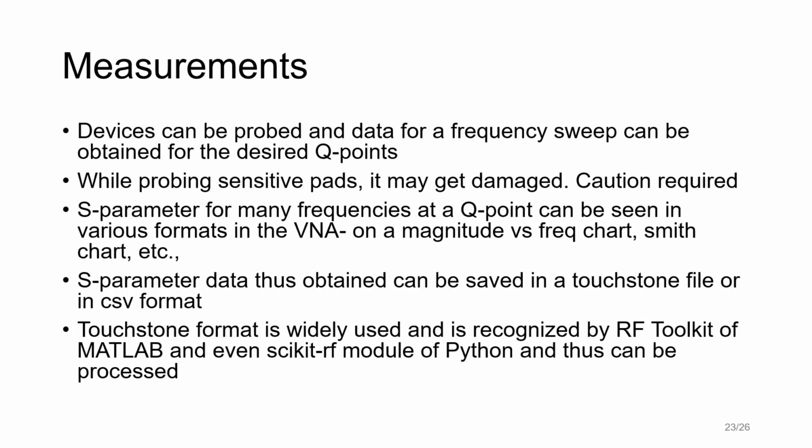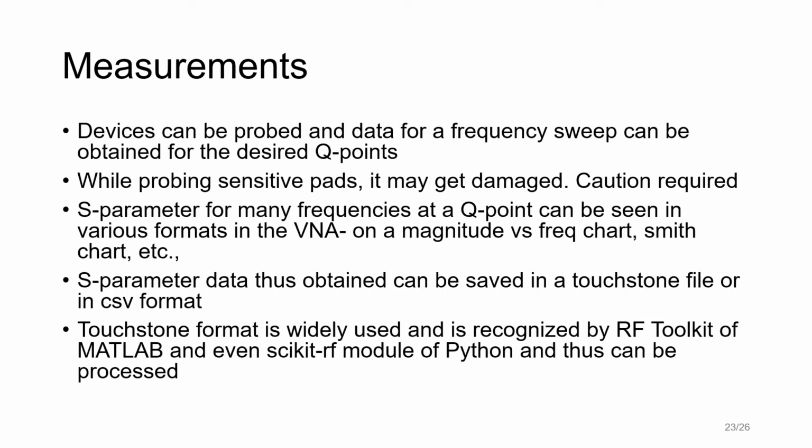Further processing on the obtained data can be carried out in another system with any software of our preference. MATLAB has a separate RF toolkit, and so does Python. They both can read the touchstone files as they are without any editing, and the module name, which allows us to read touchstone format files in Python, is called the scikit RF module.